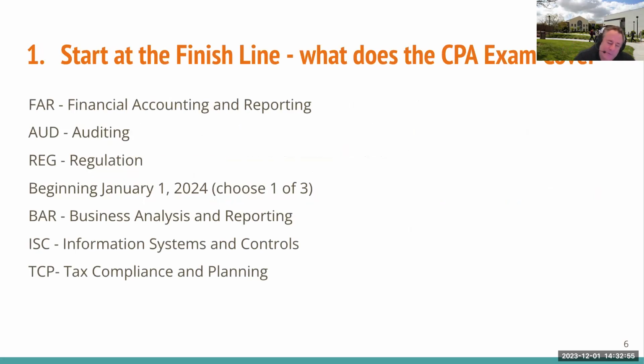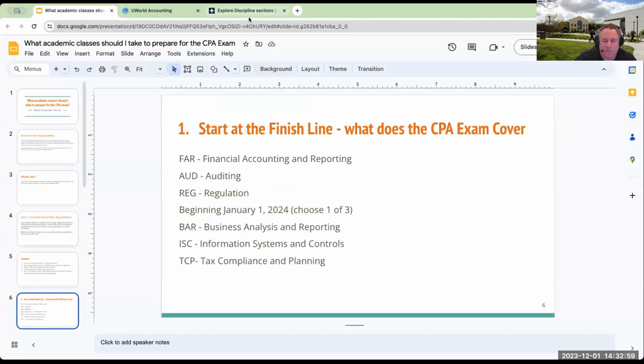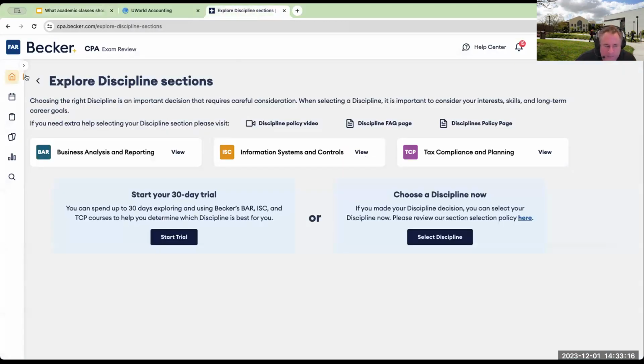So when we look at the CPA exam, I want to encourage you, when you take these accounting courses, many of you want to become a CPA. To become a CPA, you pass the exam, have a year of work experience, and meet the educational requirement for your particular state.